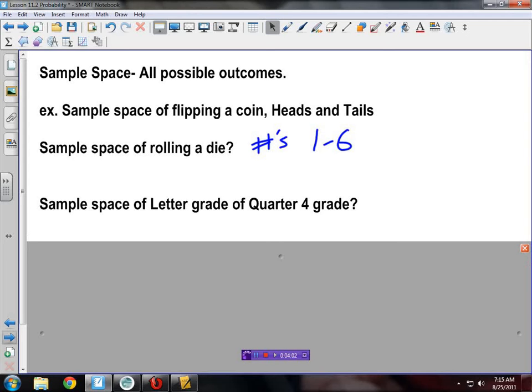What is the sample space of a letter grade in quarter 4? Well, your options, not really options, but what you can earn, are an F, a D, a C, a B, and an A. So that's the sample space there.